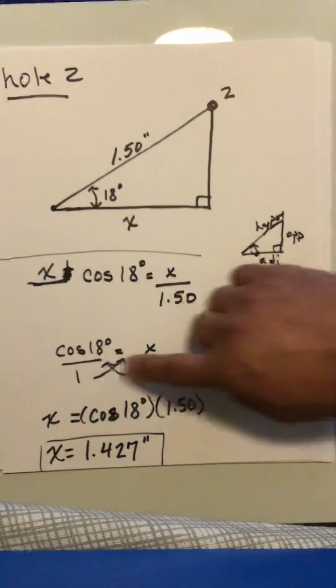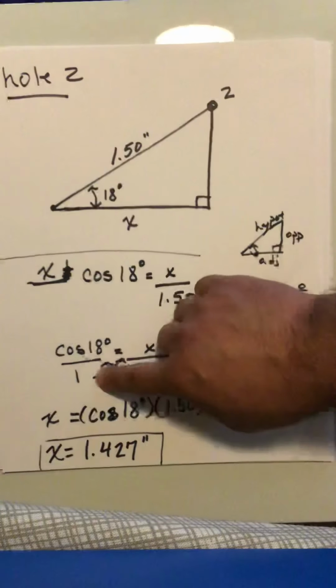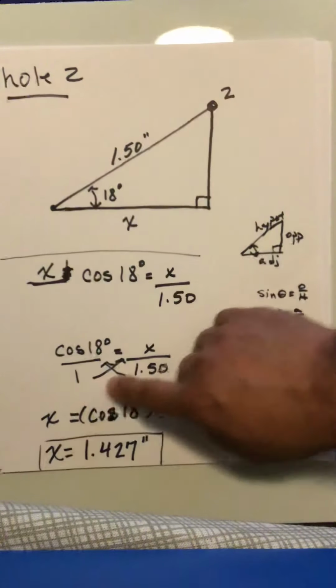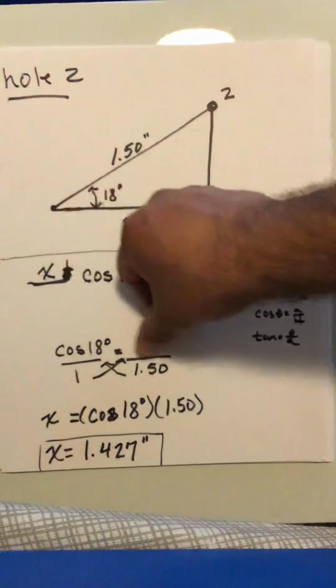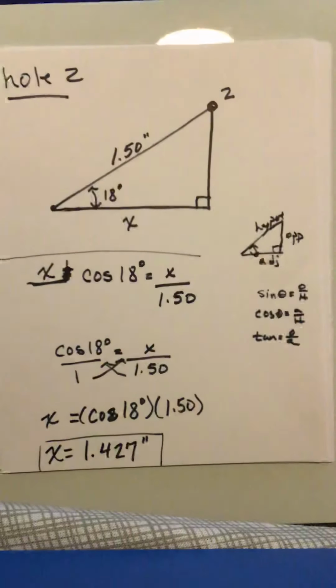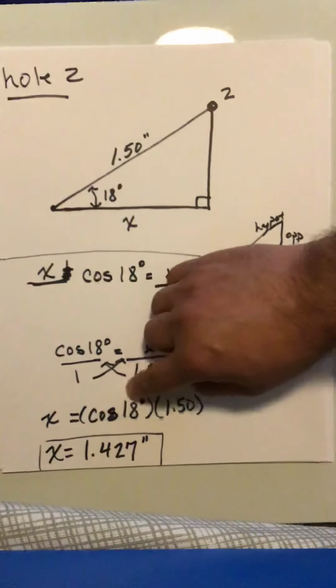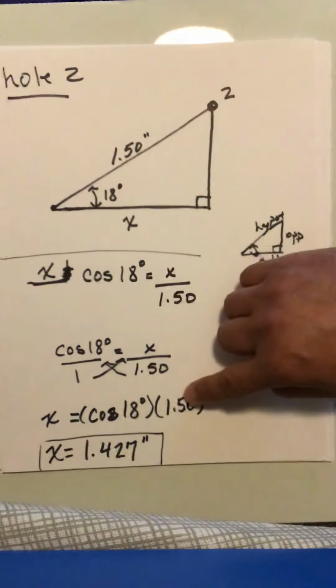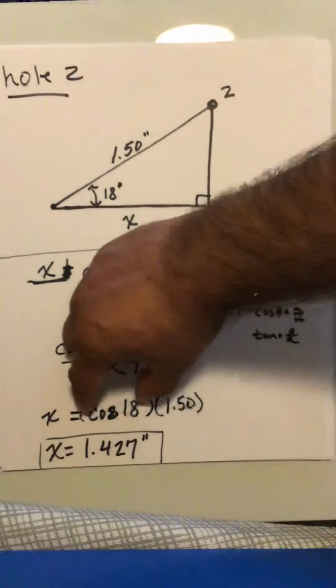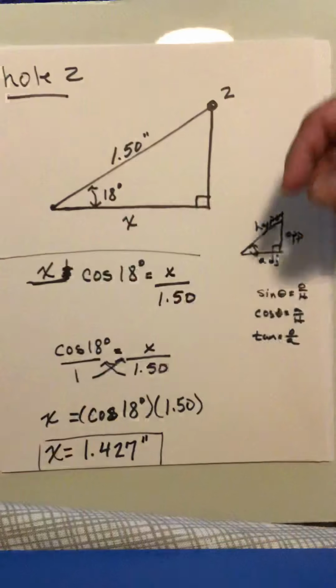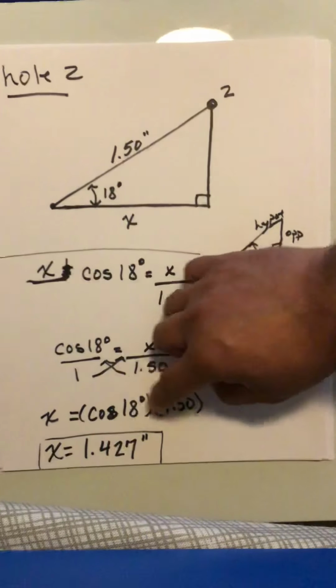Since this is a proportion, these are ratios, I cross multiply. Of course, 1 times x is just x by itself, and this is saying this times this. So this is how I found x. X is equal to the cosine of 18 times 1.5. So what I do first is find the cosine of 18. Put that in my calculator, cosine 18, close it off.